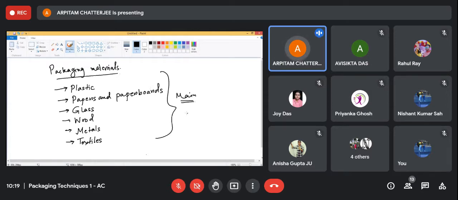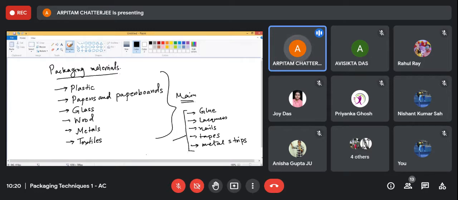Ancillary materials also. For example, we may need glue, some kind of lacquer, some nails, some tapes, some kind of metal strips, which are basically used to form the package, but they are not the primary packaging material by which you can pack a product.